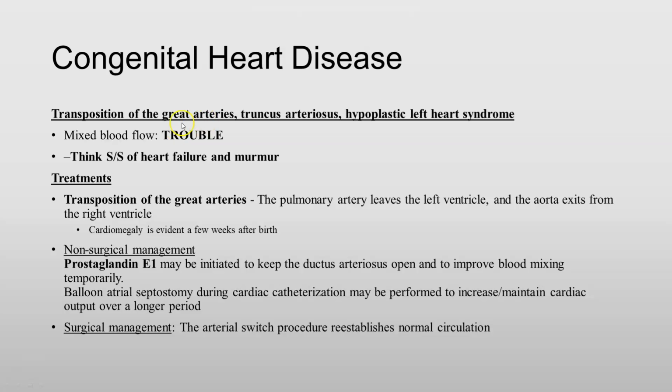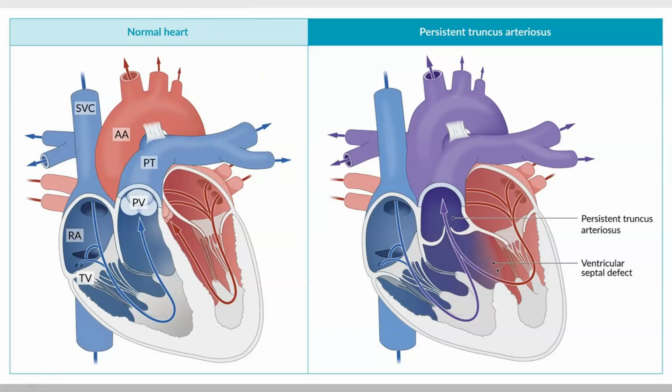So transposition of the great arteries, truncus arteriosus, and hypoplastic left heart syndrome. Again, we think signs and symptoms of heart failure. So here we have a normal heart, and here we have a persistent truncus arteriosus and a ventricular septal defect. So you see we have kind of a change in how blood flow happens.